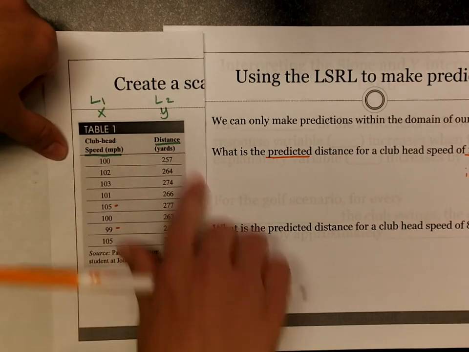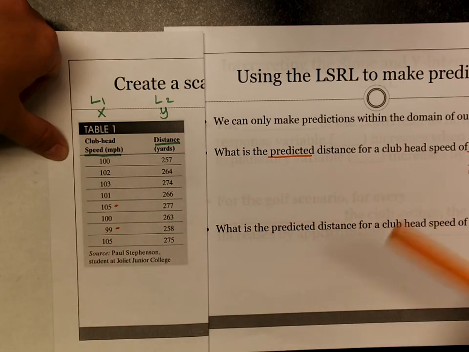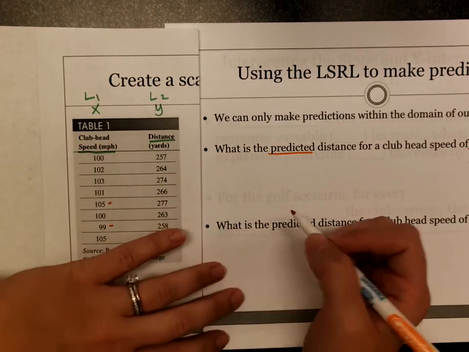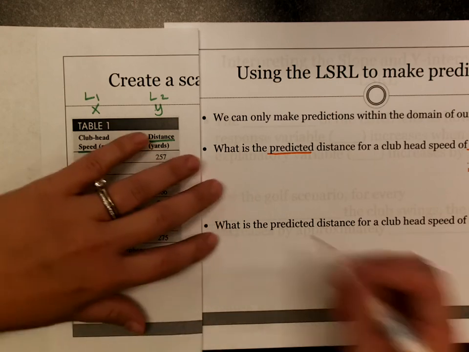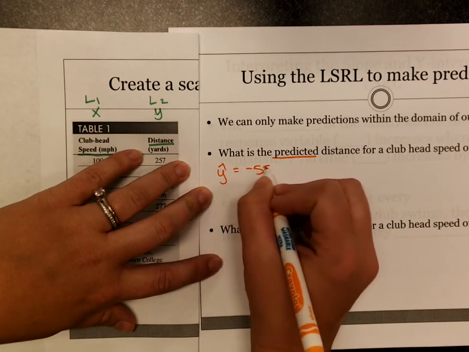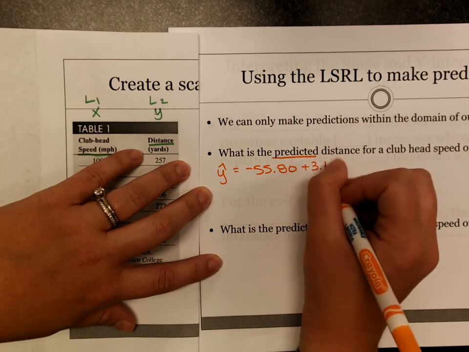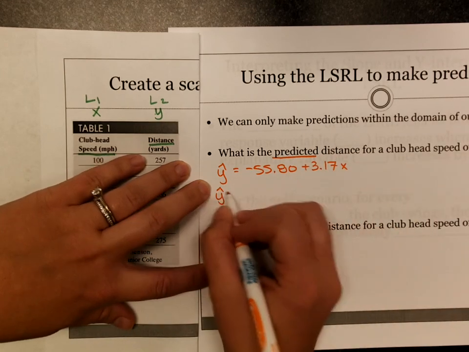Our data came from 99 to 105. That means 104 is safely in our domain. So we can use our LSRL to make our prediction. I'm going to use the one from the calculator. Y hat equals negative 55.80 plus 3.17x. So this is my x value, so I'm just going to plug it in.